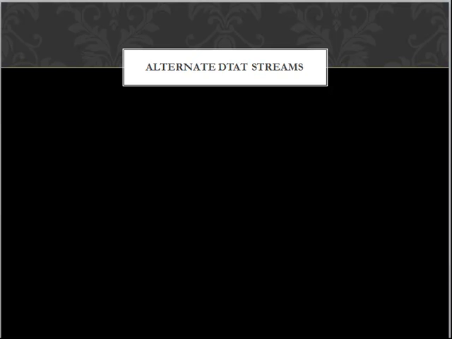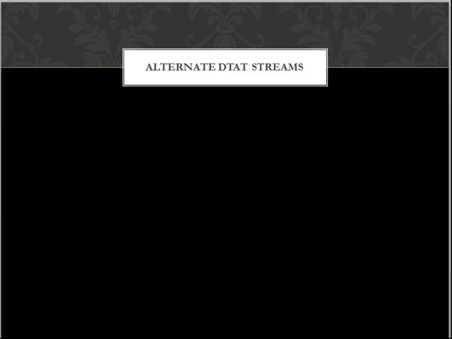Alternate data streams. A file stored on an NTFS file system can have multiple streams of data associated with it. Each stream is a sequence of data types. Every file has one unnamed stream that is used to store the byte data typically associated with the file and visible to users and applications.